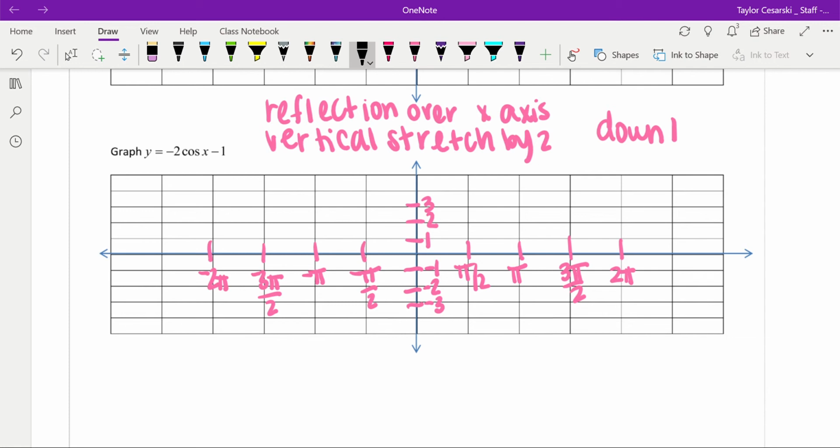All right, so here I'm going to go ahead and do the reflection first. I'm going to do that all in one step.